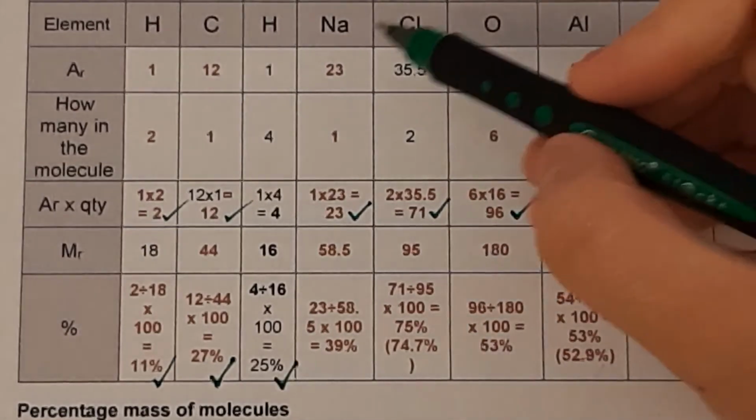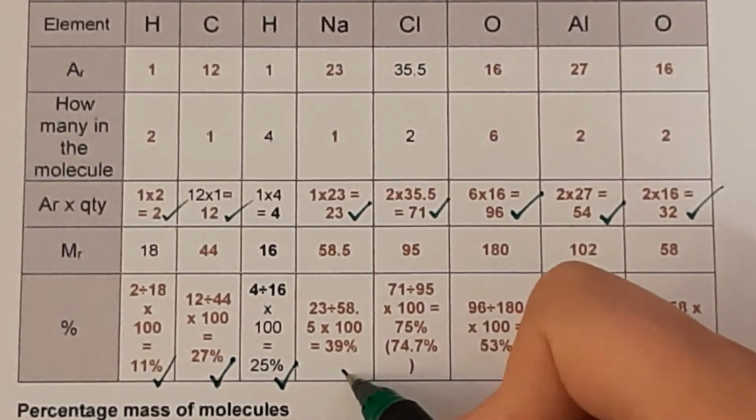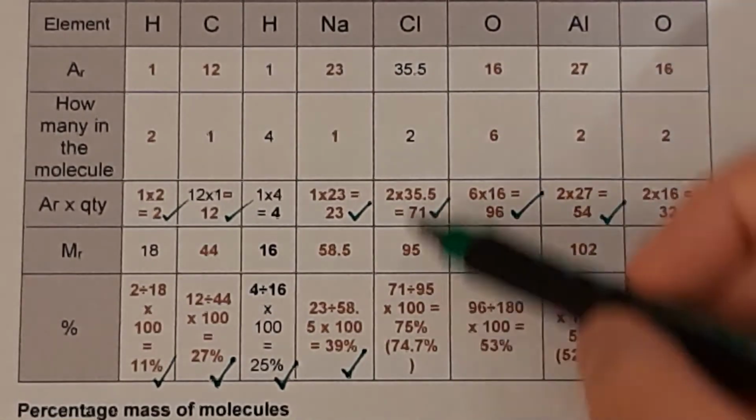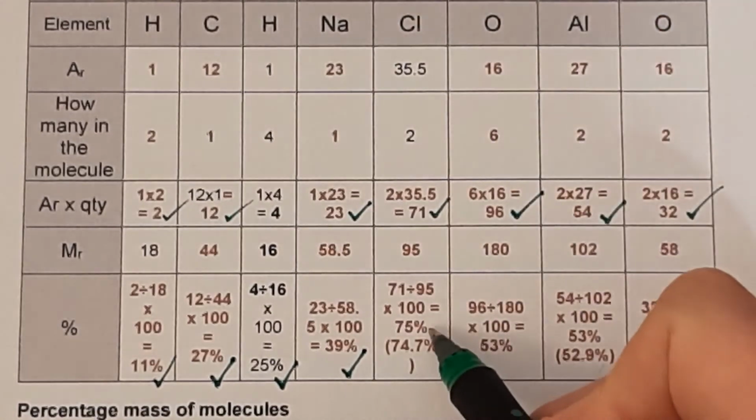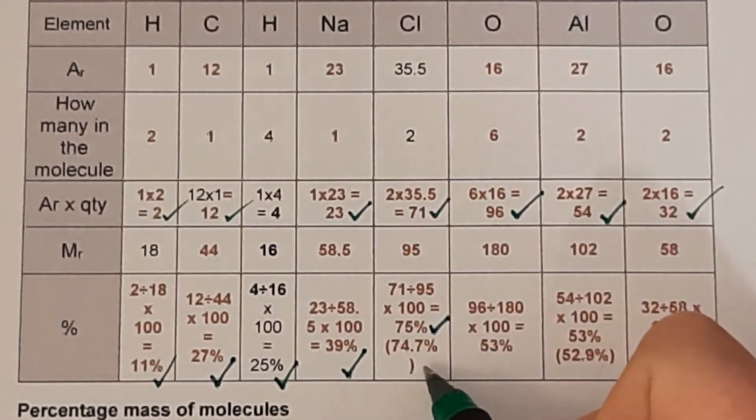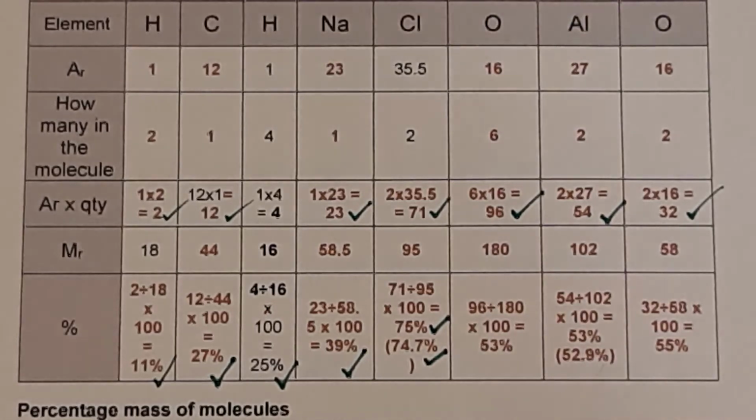The percentage mass of sodium in sodium chloride is 39%. The percentage mass of chlorine in magnesium chloride is 75%, or 74.7 if you've put it to 1 decimal place, that's fine. Either of those answers is acceptable for the mark. But if you've put 74, you would not get the mark because you didn't round it appropriately.